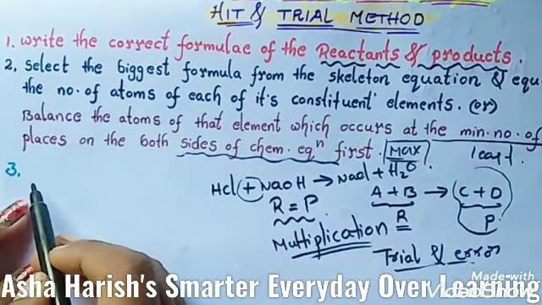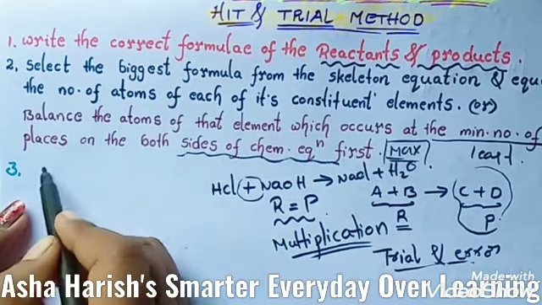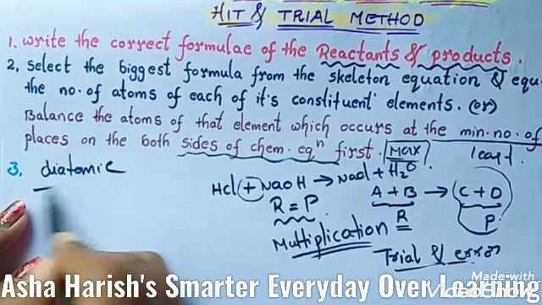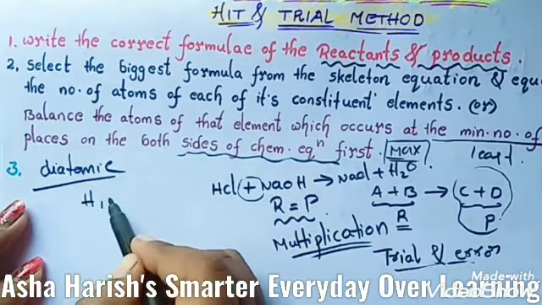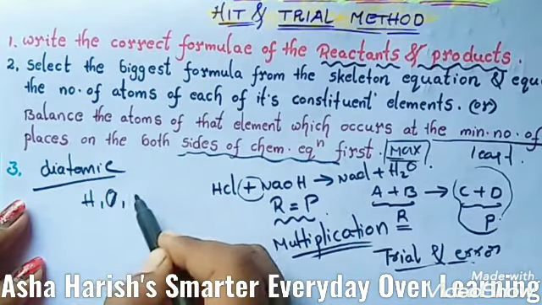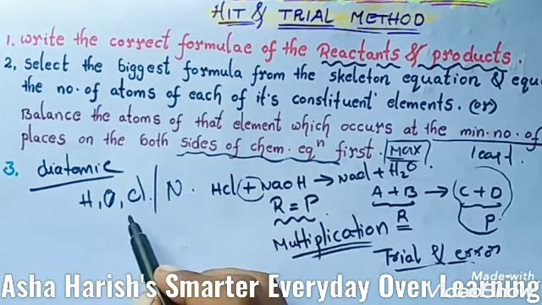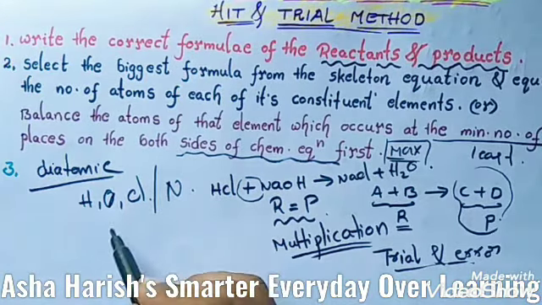Here is point number 3. When an elementary gas, nothing but a diatomic gas, just like hydrogen, oxygen, chlorine, nitrogen, appears as a reactant or a product, the equation is balanced more easily by keeping the elementary gas in the atomic state.